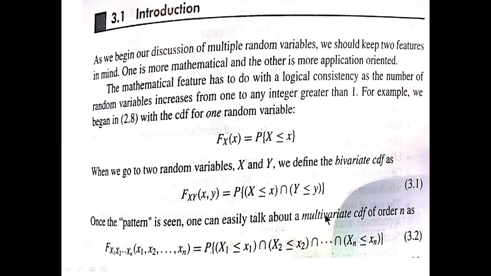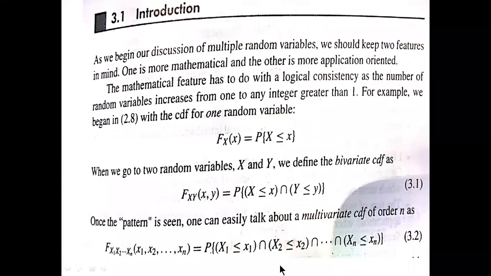In the same way, we can increase it to many random variables. This is two random variables; if we say multivariate random variables, the multivariate CDF of order n will be F of X1, X2 up to Xn, evaluated at x1, x2 up to xn. The capital letters are the random variables, whereas the small letters are the outcomes. We take X1 less than or equal to x1, X2 less than or equal to x2, up to Xn less than or equal to xn, and take the probability of the intersection of all of them.